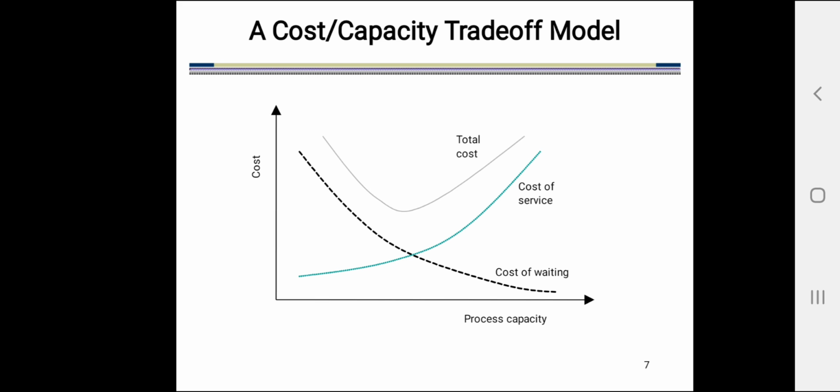So these two curves cross at one point. The blue curve shows the cost of service increasing as capacity increases. Then you have to consider that intersection point where the cost of service and cost of waiting are meeting each other.